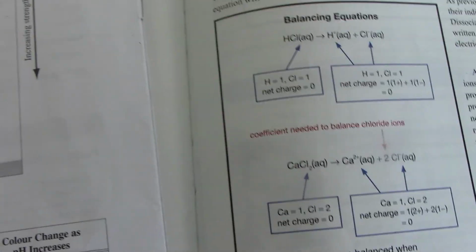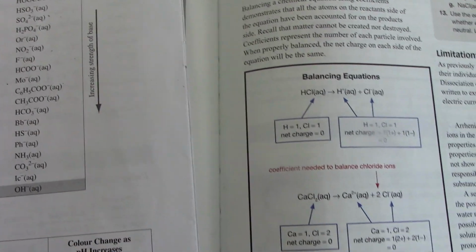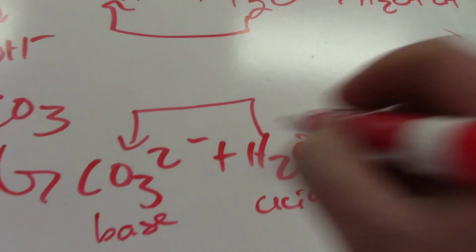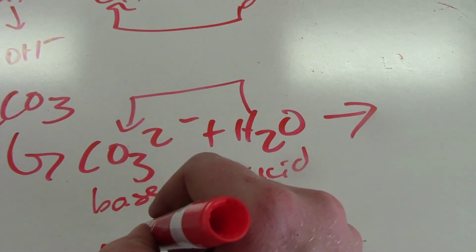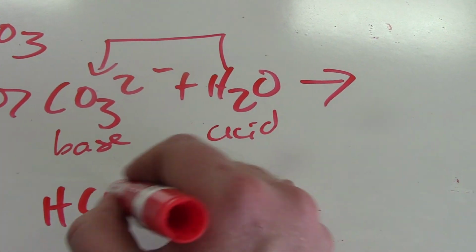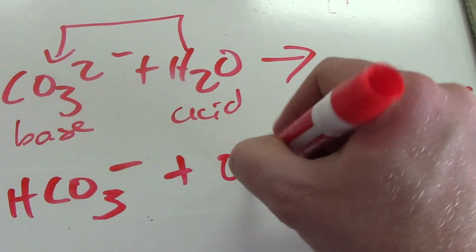All right, so I'm going to look for those things. CO3 2 negative is my base on this side, and then I look for where my strongest acid is. My strongest acid is down here. So this is my acid, and that's my base. This is going to give a proton to the CO3 2 negative, and we end up with HCO3 negative plus OH negative.